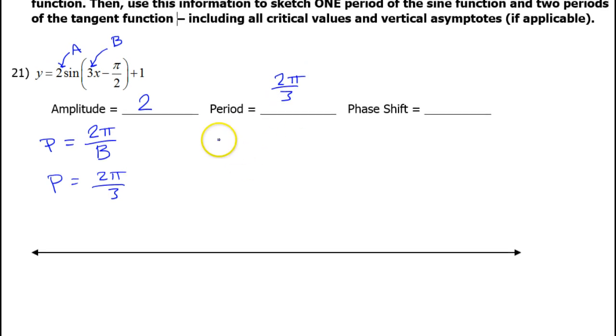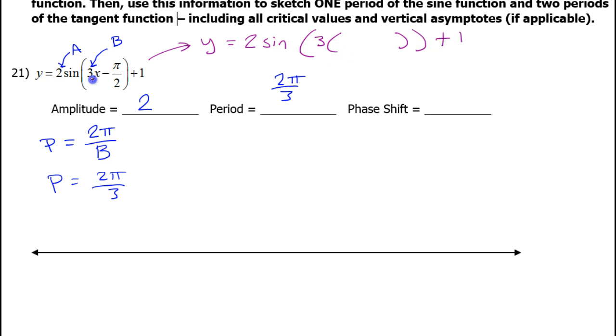Now for the phase shift, you actually have to factor out the b value. You cannot look at it in this form. So I need to rewrite this a little bit. So if I rewrite this, I've got y equals 2 times the sine of, so I'm going to take that 3 outside of parentheses.